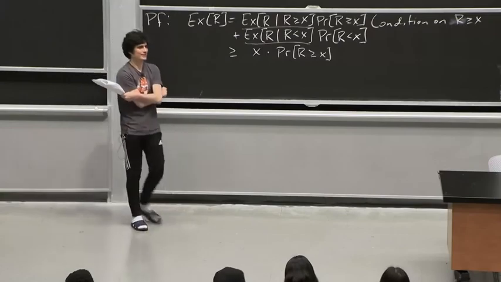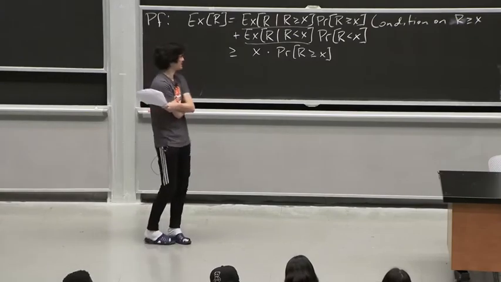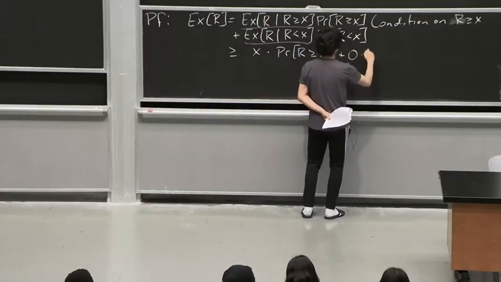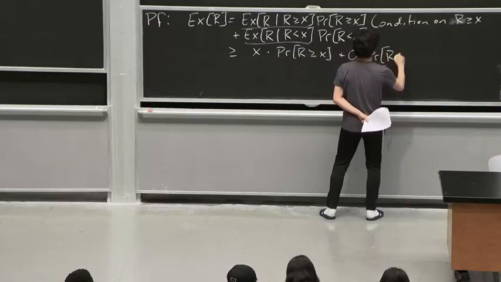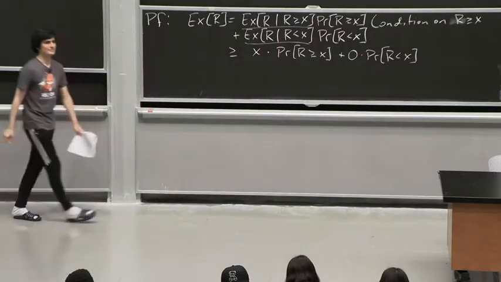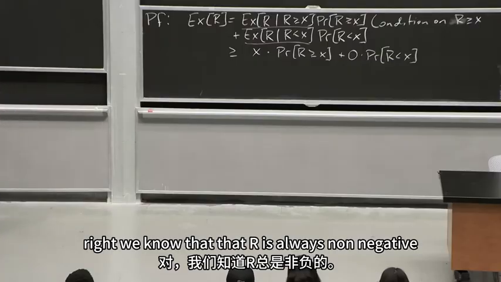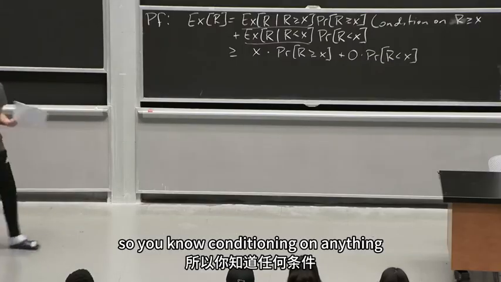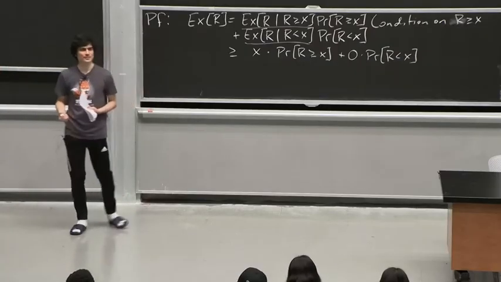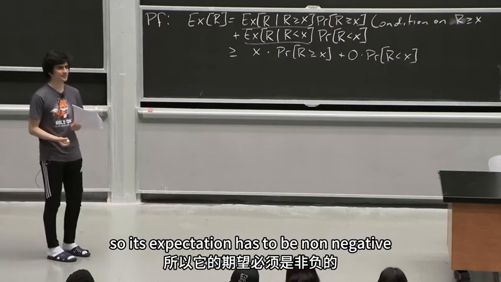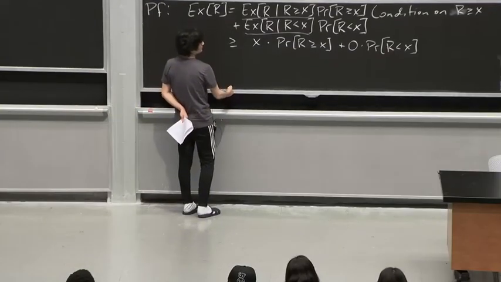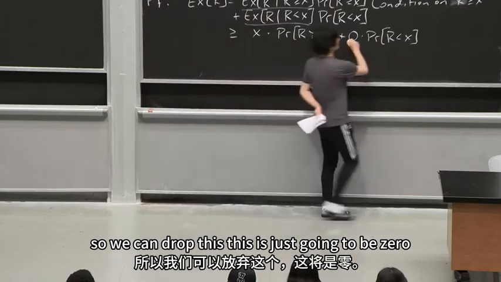It's at least 0. Yeah. We know that R is always non-negative. So, conditioning on anything, R is still always going to be non-negative, so its expectation has to be non-negative. Okay? So we can drop this. This is just going to be 0.